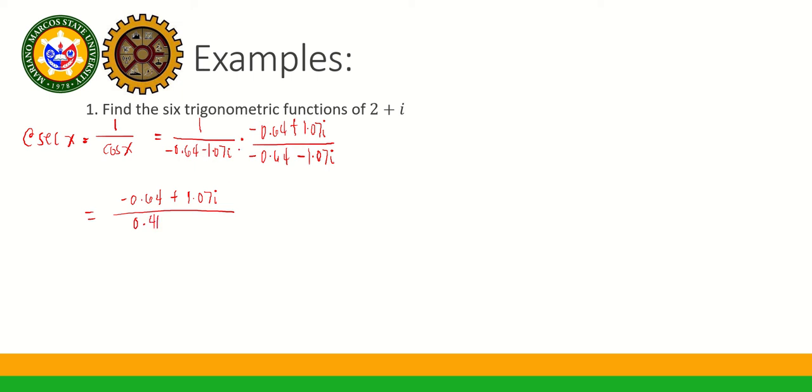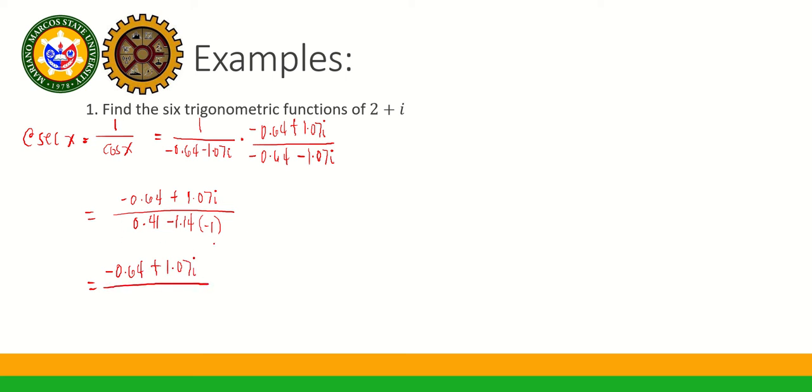And negative 1.07 quantity squared is equal to negative 1.14. So, 1.14. And of course, si i squared natin is negative 1. So, we will have an answer of negative 0.64 plus 1.07i over.